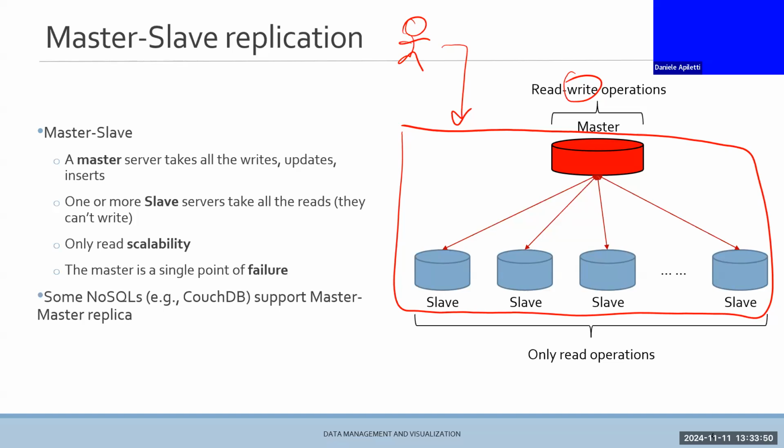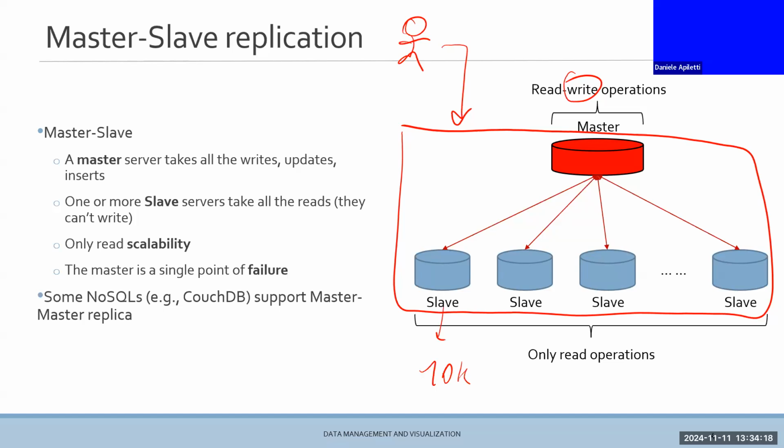So if I'm having success and many more people are browsing my catalog for buying items, imagine that each slave can serve the requests of, I don't know, 10,000 customers. So each of these is 10,000 customers.